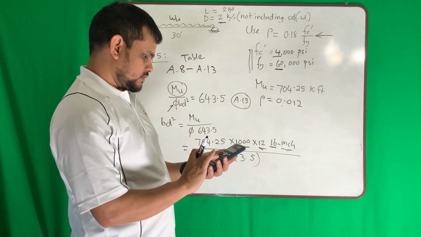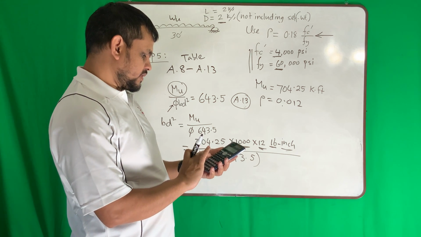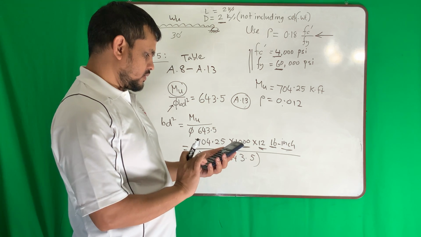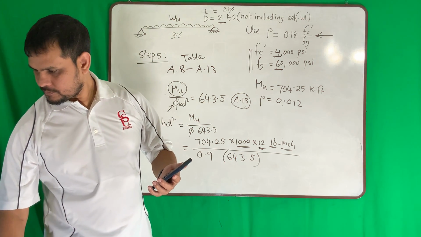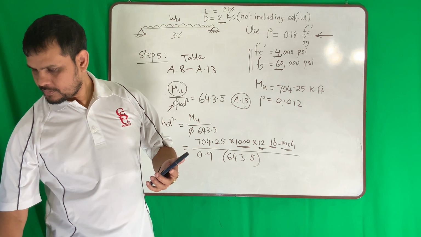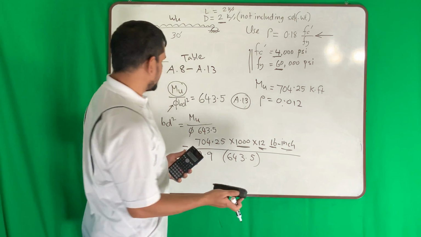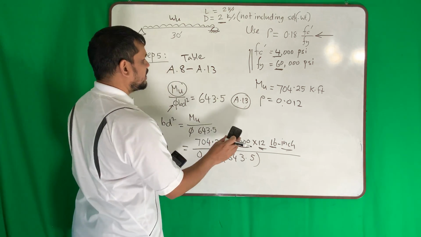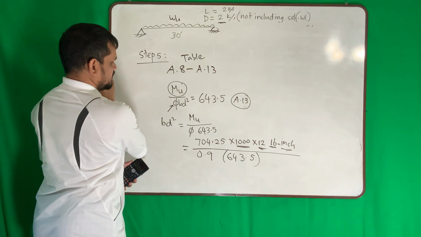How much is it? 70425,000 divided by 0.9 divided by that. I will erase somewhere here, we do not need it anymore.